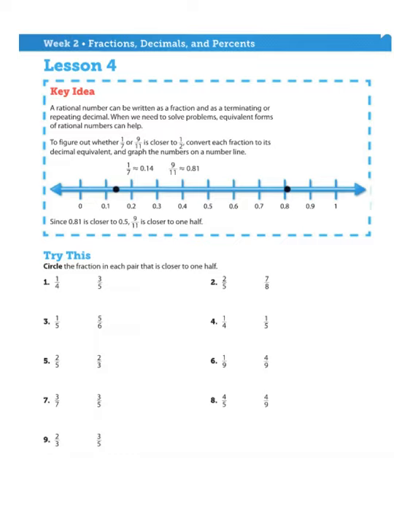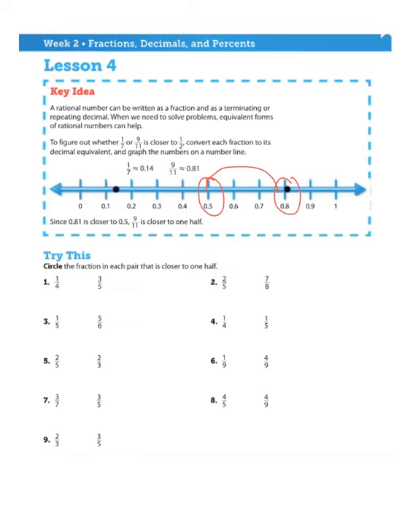So they're saying 0.81 is closer to 0.5 on the number line. So 9/11 is closer to 1/2.